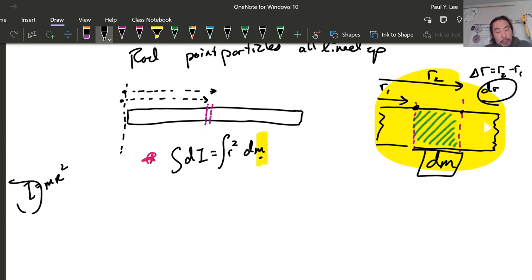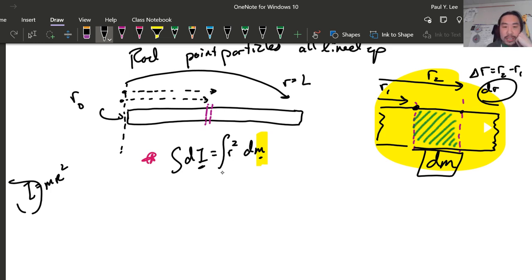But what we actually want to be doing is going across from r of 0 all the way out there, which we're going to say the total length is just L. So we want to be seeing how the inertia is changing as you go from one point of the rod all the way to the other point.